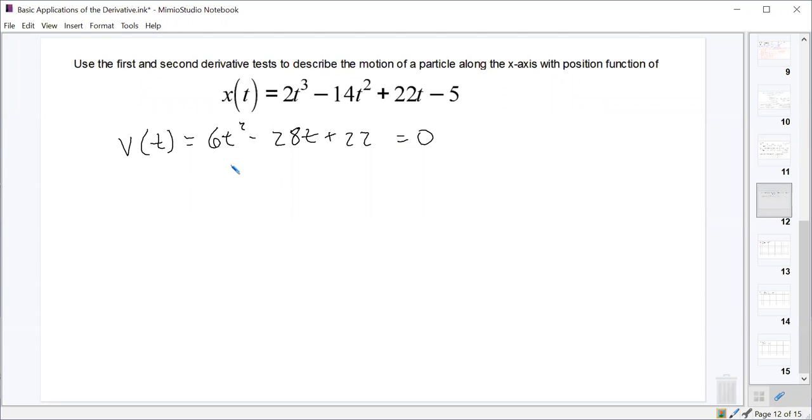Okay. If we want to divide out a 2 from that, what does that become? 3t squared minus 14t plus 11. Let's hope I picked something that factors nicely. Did I?